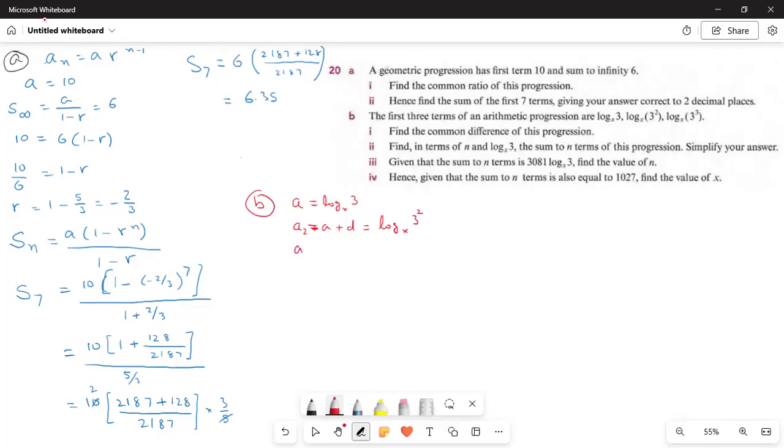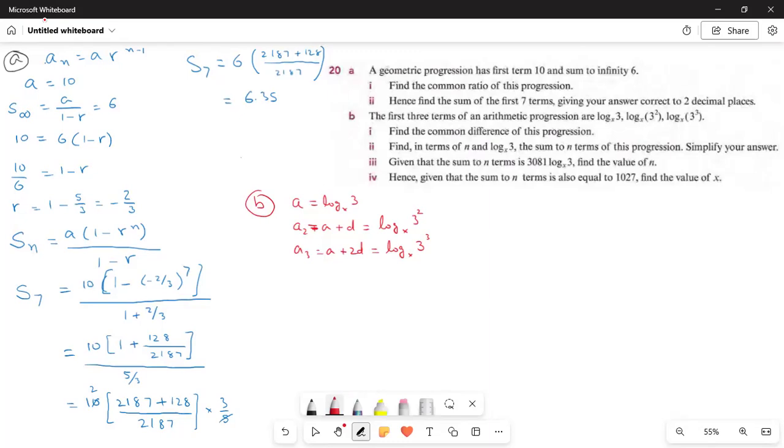And the third term is a plus 2d, which is equal to log x 3 power 3. Okay, this is the given information. Now they ask us to find the common difference of this progression.